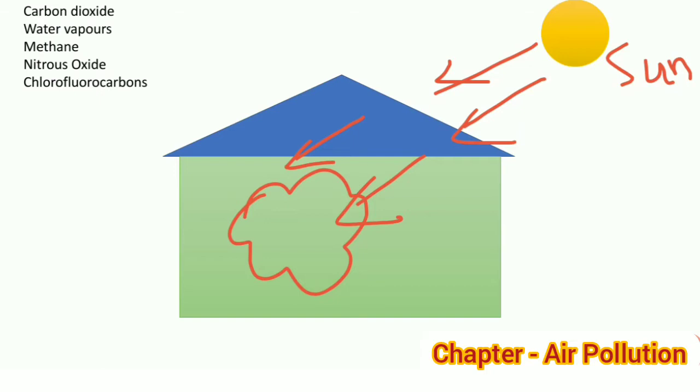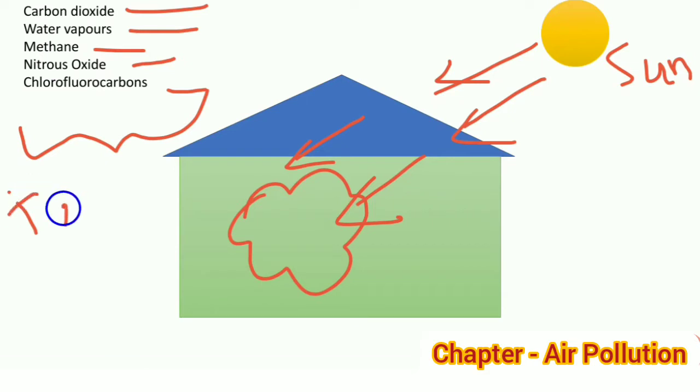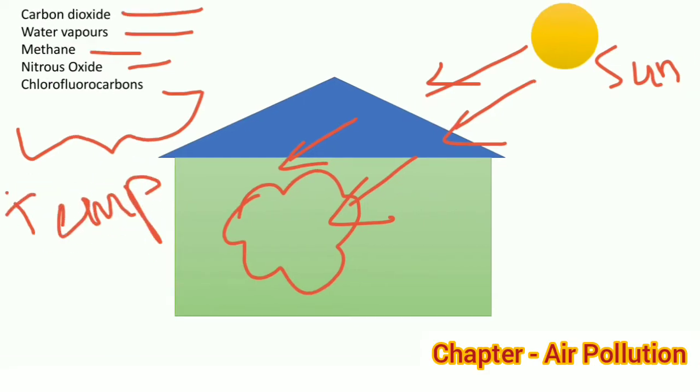Now, some gases like carbon dioxide, water vapors, methane, nitrous oxide and chlorofluorocarbon have the capacity to trap heat radiation. These gases are responsible for increasing the temperature inside the greenhouse. Hence, they are called greenhouse gases.